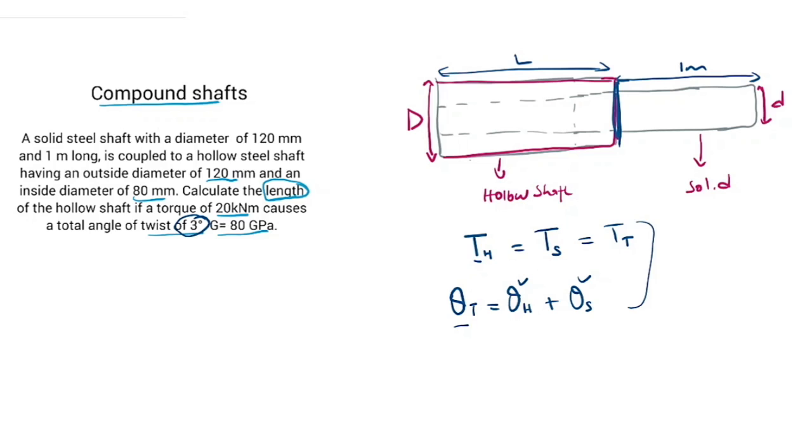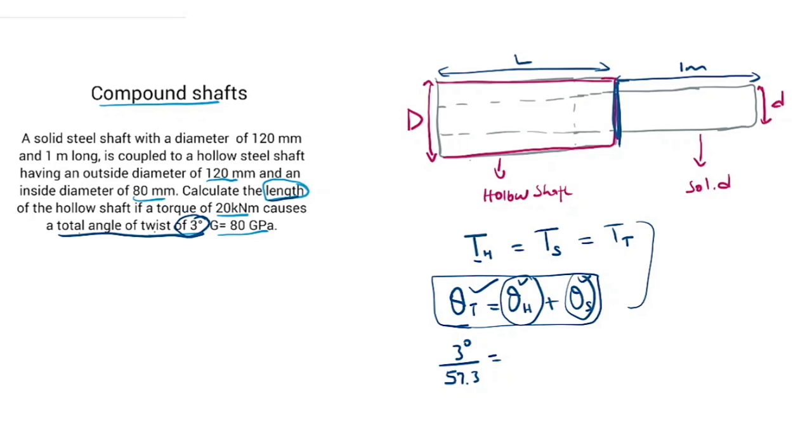Then here, we are required to calculate the length. That means you're going to use this combination to find the length. Because here, the total angle of twist is 3 degrees divided by 57.3. Then when you equate this, let us write this aside.